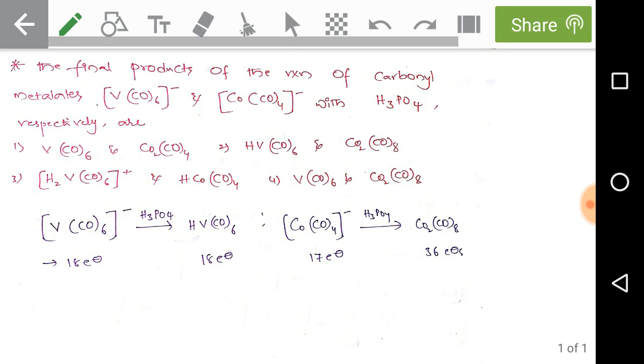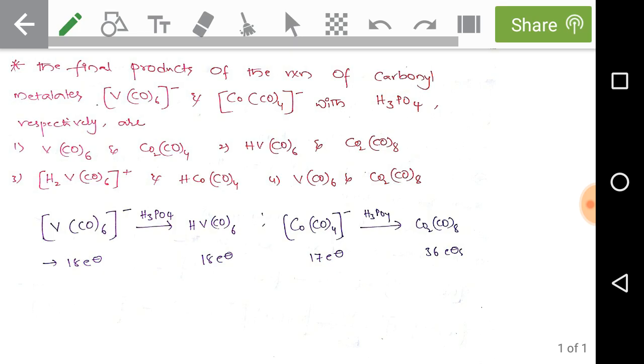If we observe the vanadium carbonyl complex here, we need to check its total electron count. That means, is it near to 18 electrons, is it 18 electrons, or less than or more than that? If it has 18 electrons, then we know that it is stable. Just observe, the vanadium complex simply contains 18 electrons with that extra electron on vanadium.